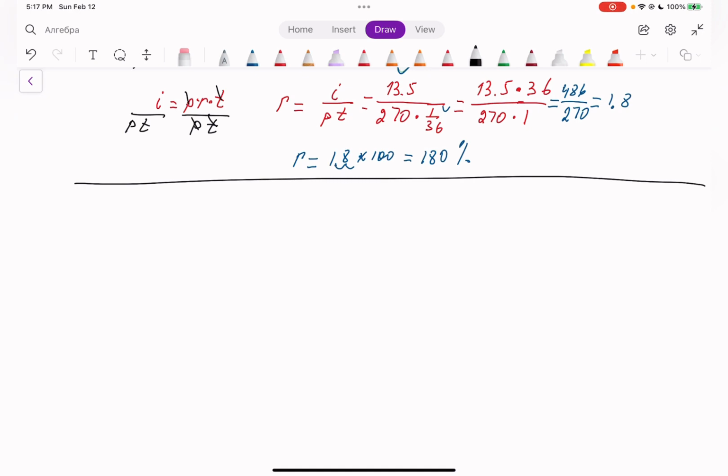So what do we have here? Our principal, we are borrowing $7,000. Our time is 3 years.